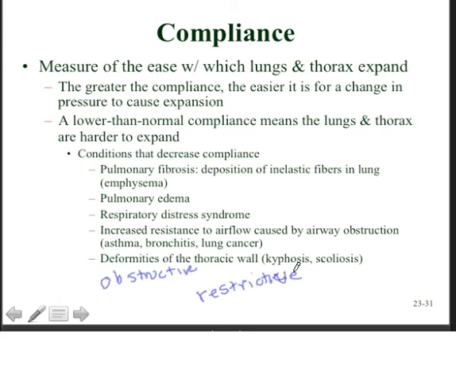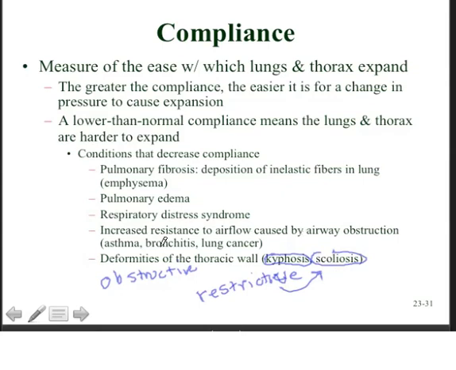An example of a restrictive disorder would be these guys right here, right? Kyphosis and scoliosis that change the dimensions of the thoracic cavity would be essentially restrictive disorders. In a restrictive disorder, you're going to see a reduction in vital capacity, but not that much of a change in wind speed.